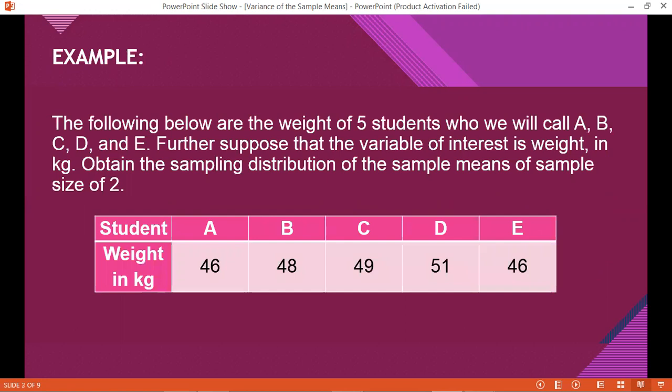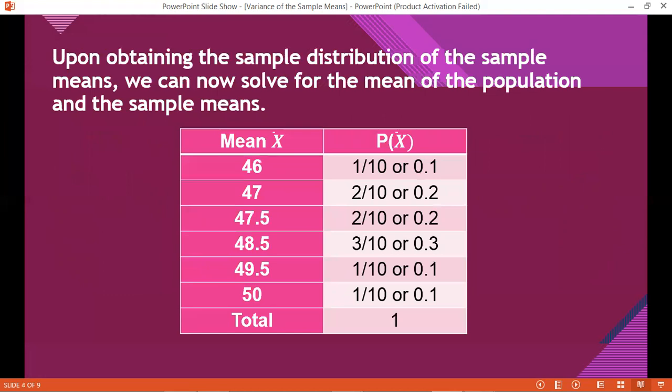We will still utilize the same example, the weight of five students A, B, C, D, E, and their corresponding weight in kilograms. Obtain the sampling distribution of the sample means of sample size of 2. I believe you still remember this one.